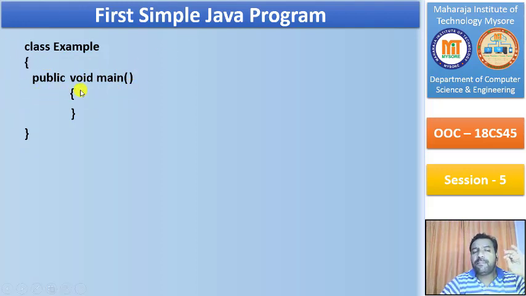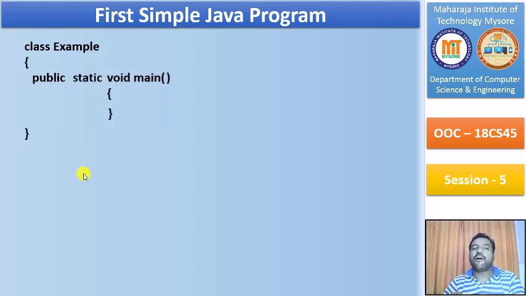If the member function is static, then you can easily call the member function without a calling object, or even without an object. And for this reason, we are going to make the main member function static, and that is what we are going to have: public static void main.